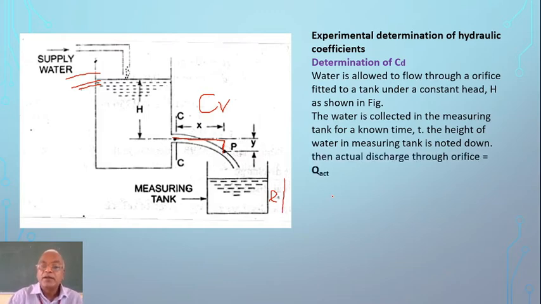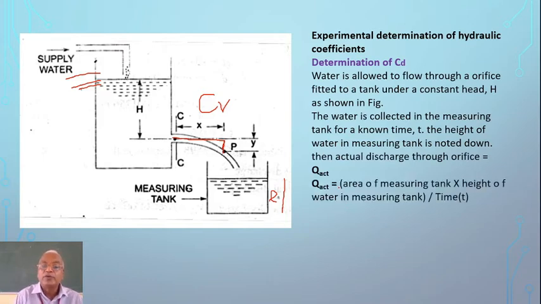Then the actual discharge through the orifice, Q actual, will be equal to the area of the measuring tank.